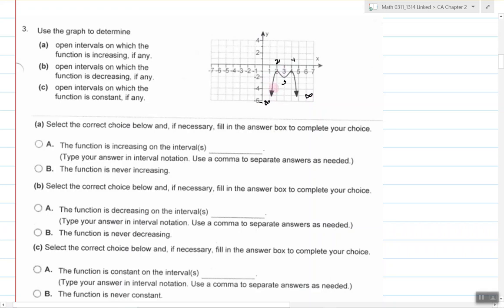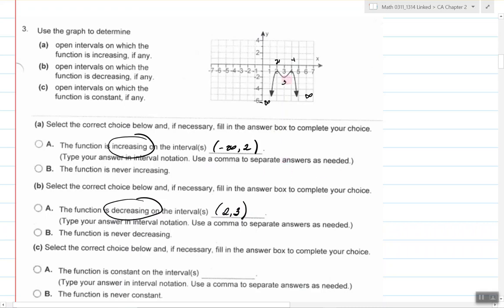From -infinity to 2, it was increasing. So I'll go ahead and put that: -infinity to 2, that's on the increasing. Then from 2 to 3, it was decreasing. And it says if I need to put more intervals, use a comma to separate them.